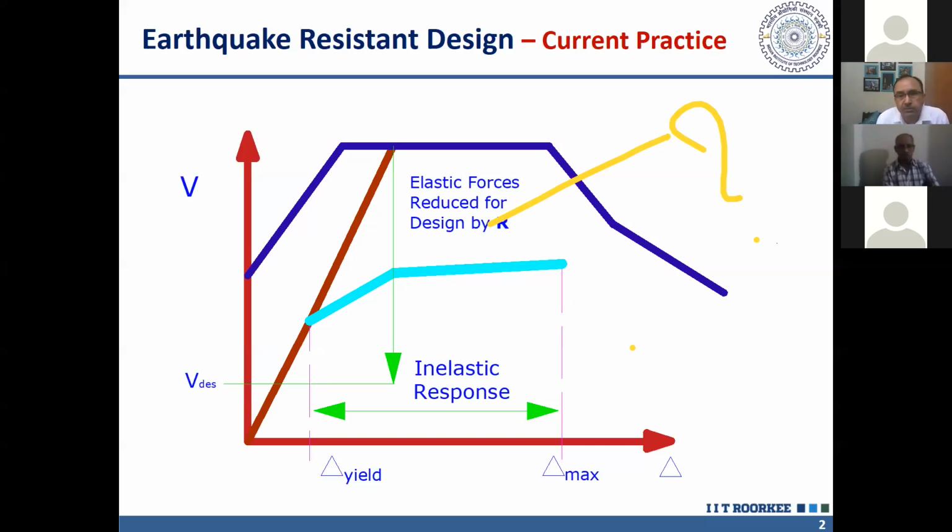So the response spectrum is representing the demand which we are expecting on our structure. Then what we do, we reduce it by a response reduction factor R, which varies from 1.5 in case of masonry to 5 in case of especially detailed moment resisting frames and steel frames.